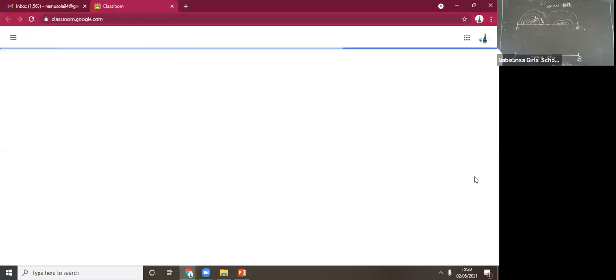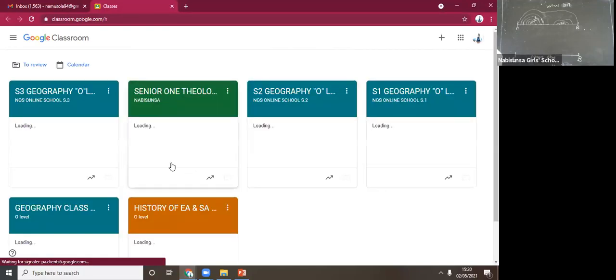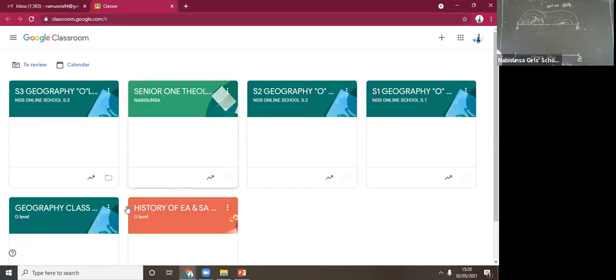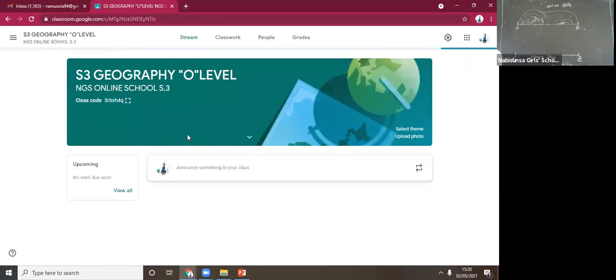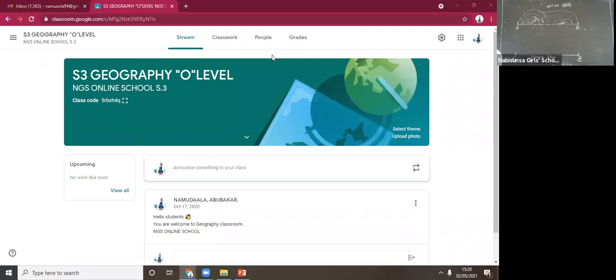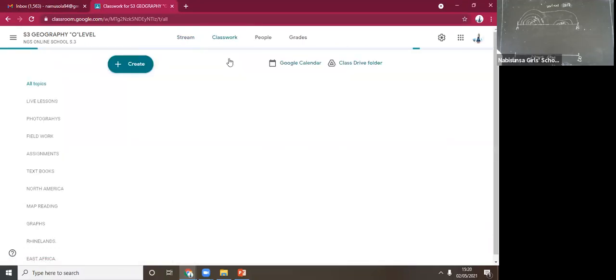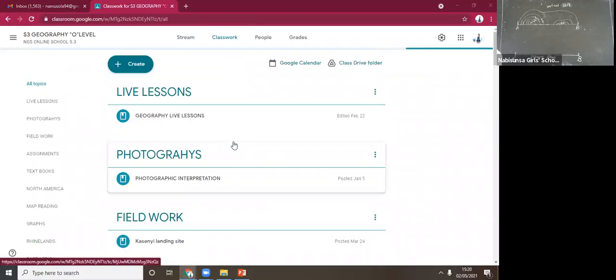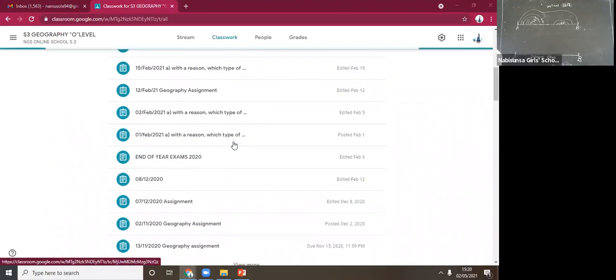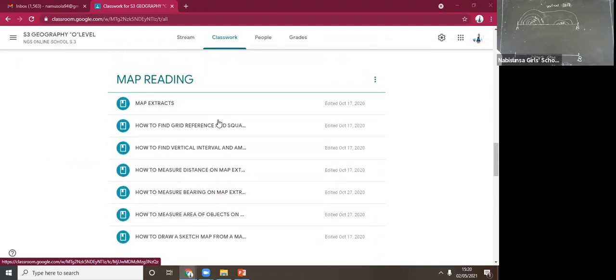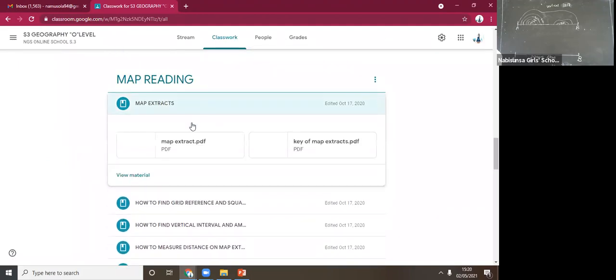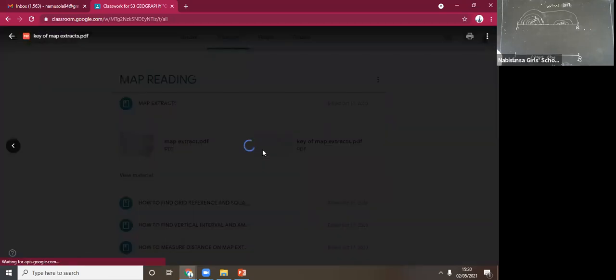Where is Form 3? Here, my Form 3 is here. Let me get a map extract and you see. The map extract is here. Let me take you to the key. That's where we are going to get the evidence.